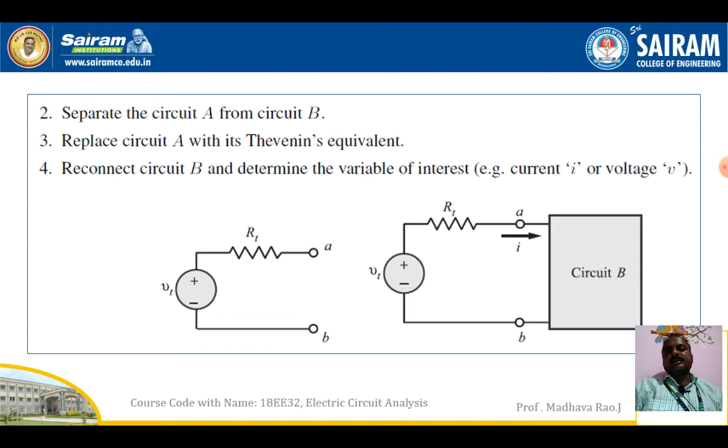Separate circuit A from circuit B and replace circuit A with its Thevenin equivalent circuit, which we have to find. Reconnect circuit B and determine the variable of interest, that is current or voltage, by connecting circuit B.